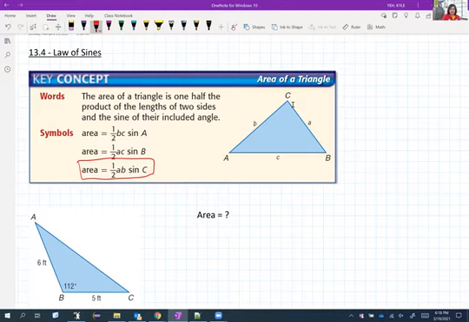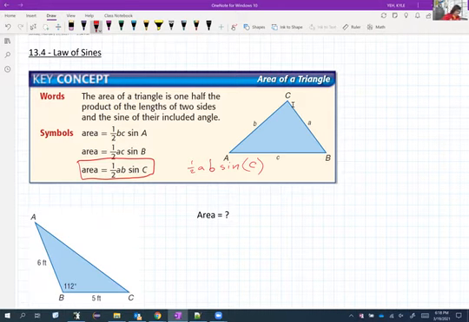And I think in a second, you'll see why all three of these equations are basically saying the same thing. So the one that I boxed says that the area of any triangle, no matter if it's a right triangle or not, is 1/2 side length A times side length B times sine of angle C. Again, that capital C indicates that it is an angle.